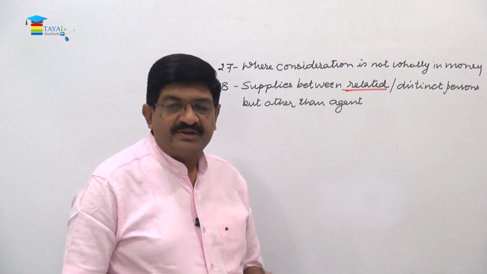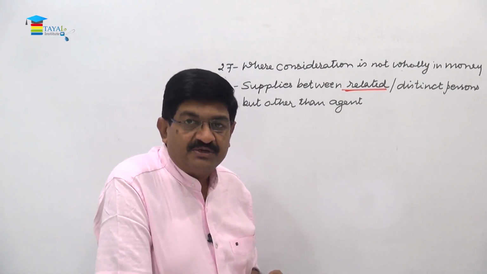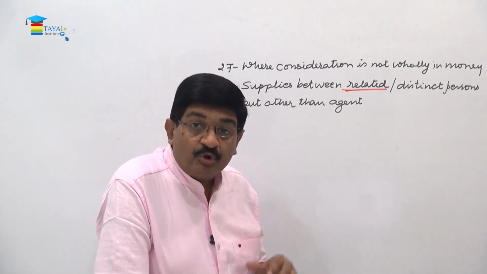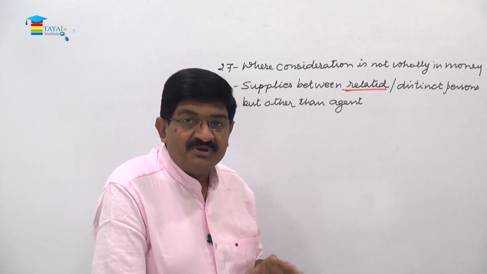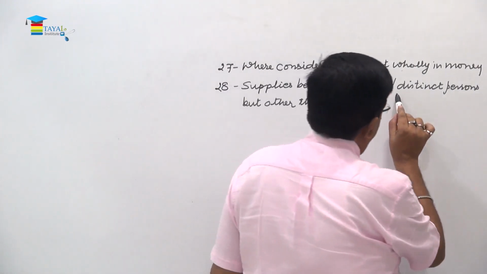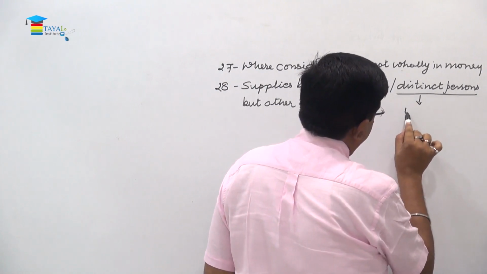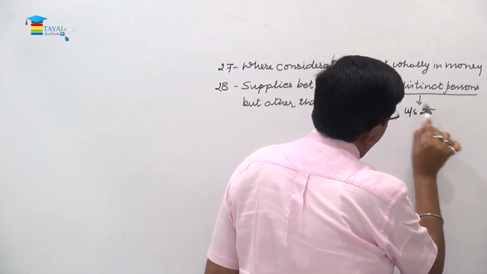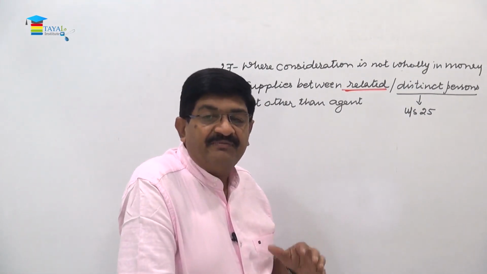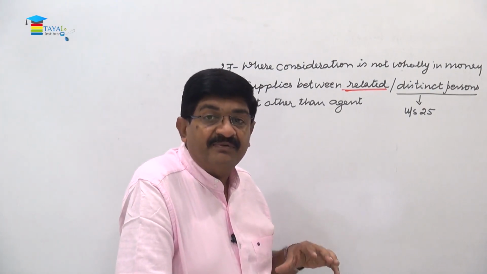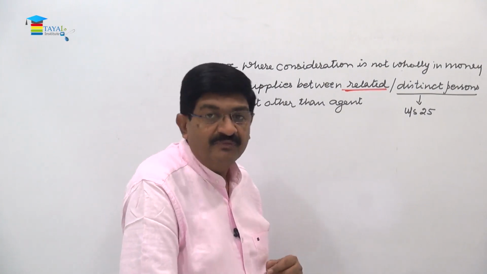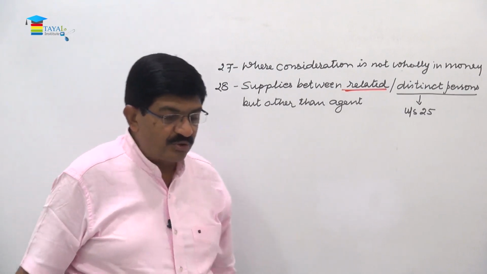So if they are officers or directors in the business of each other, or they are business partners, or they are principal and agent, employer and employee, controlling, owning another person, being controlled by the same person, controlling the same person, members of the same family. So in total 8 clauses are there. And distinct persons, this is within the meaning of section 25. So it is the same person, or you can say one person having different establishments in different states, or different verticals in the same state. Every such establishment is considered as distinct person for the purpose of section 25. So this is rule number 28.